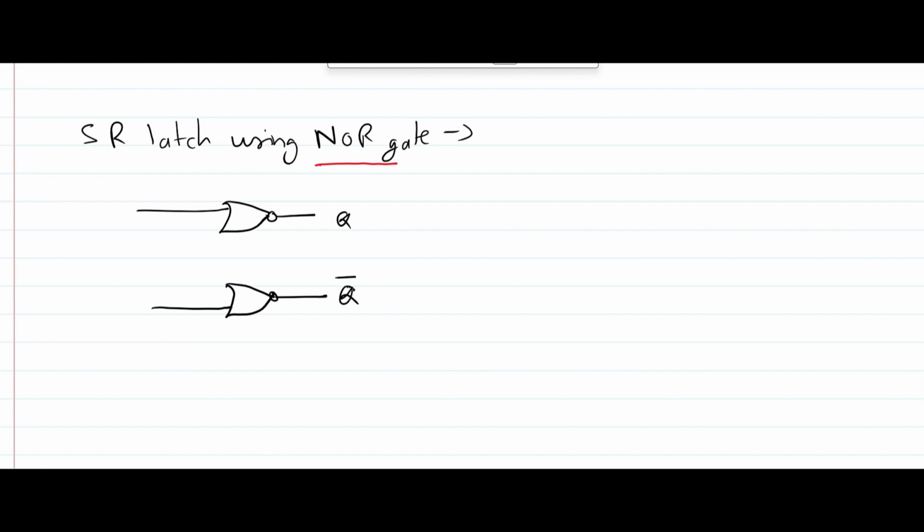Now the basic difference in structure is this: in NAND we connected output Q with input S, but for NOR we will connect output with input R. That means here this will be R and this will be S, where S is set and R is reset.